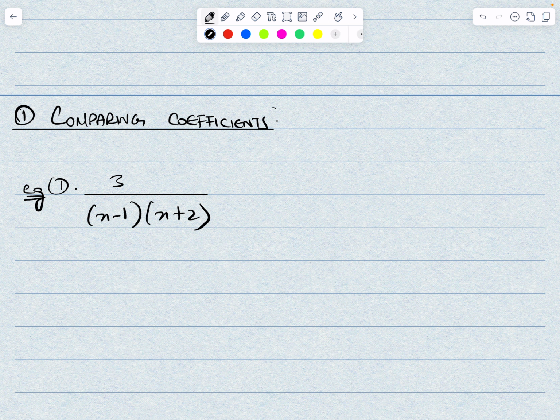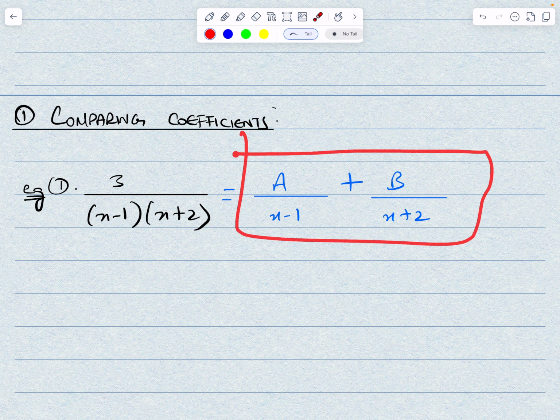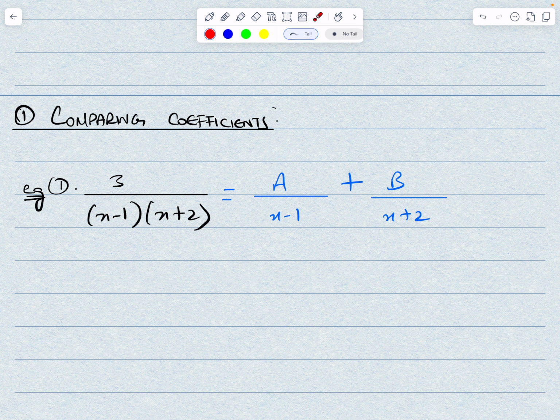In order to do this, I'll write this as A over the first bracket, x minus 1, plus B over the second bracket, x plus 2. Now in order to make this a single fraction, I'll multiply so we have the same denominator.